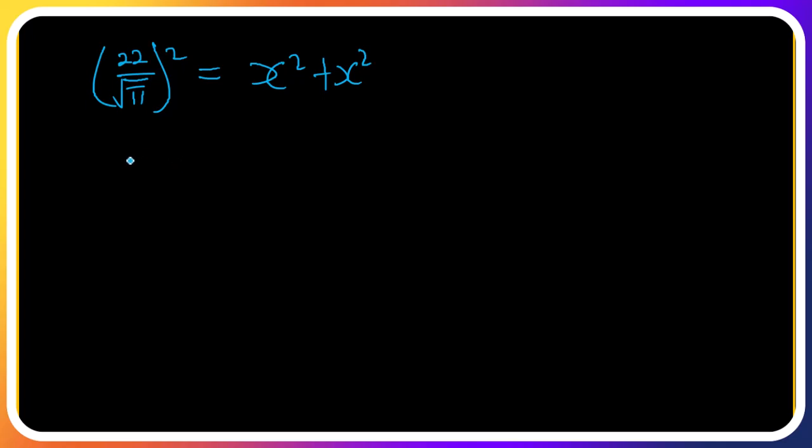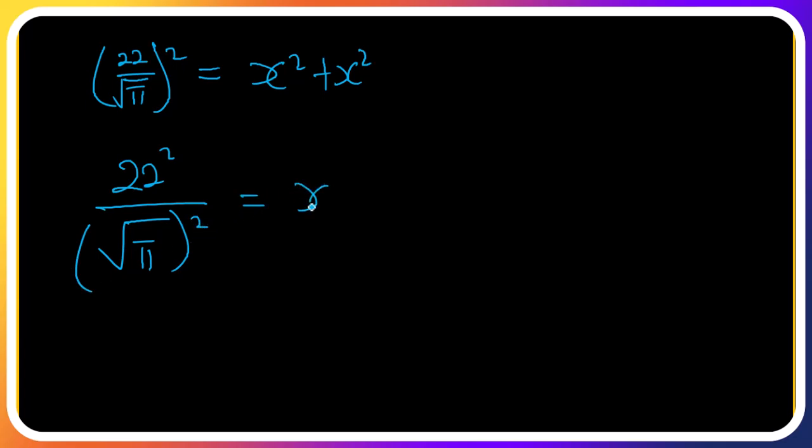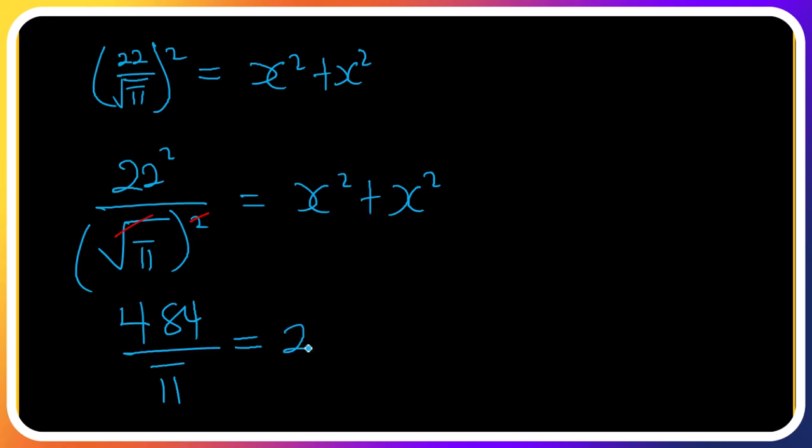So from here we have 22 squared on root pi also squared equals x squared plus x squared. Now 22 squared gives us 484 on pi, since squaring gets rid of the square root. This equals x squared plus x squared, which gives us 2x squared.